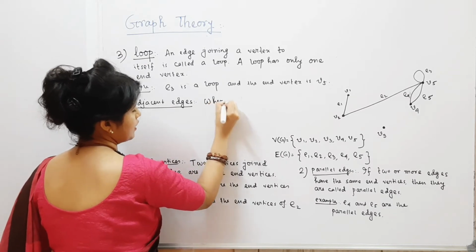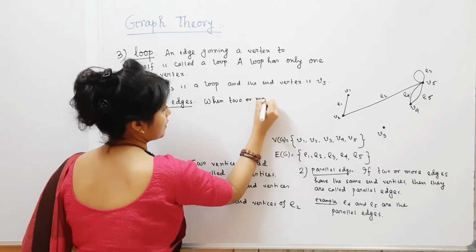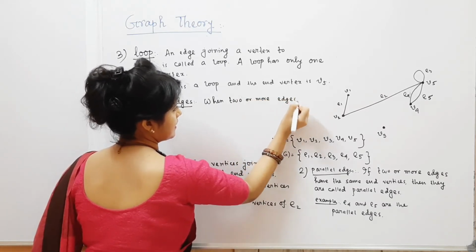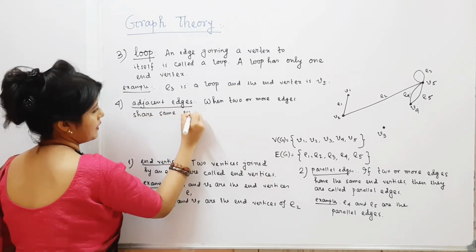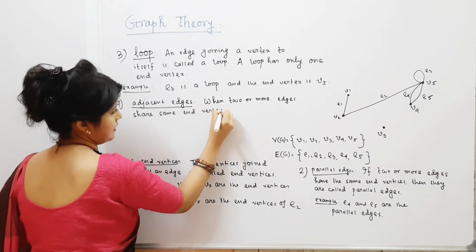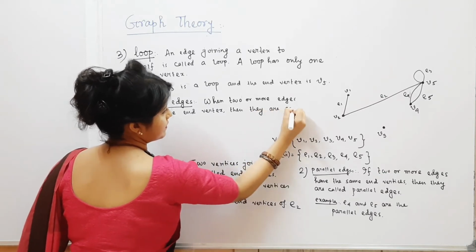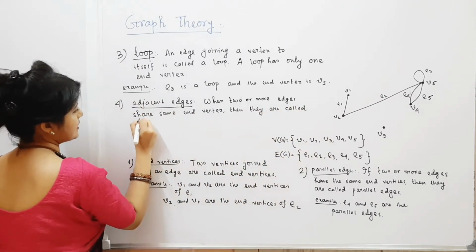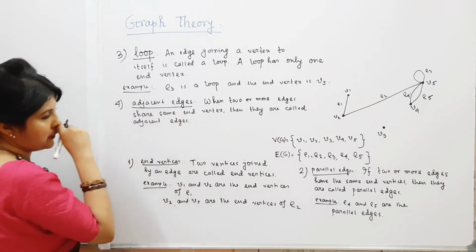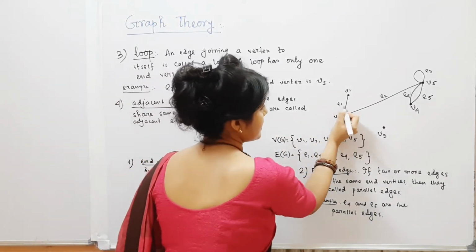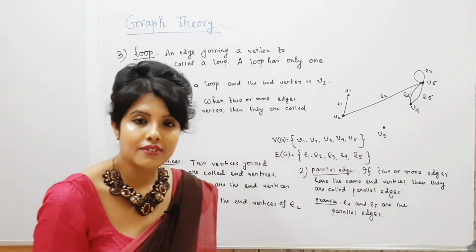So when two or more edges share same end vertex, then they are called adjacent edges. Okay, so according to this picture, these E1 and E2 are adjacent edges. Why? Because they have the same end vertex V2.